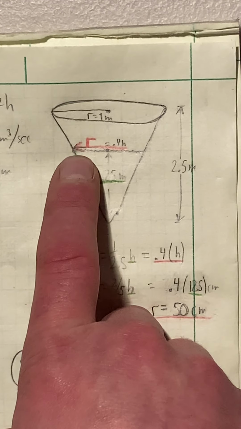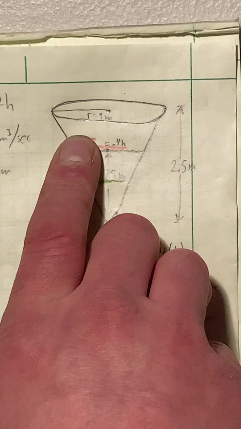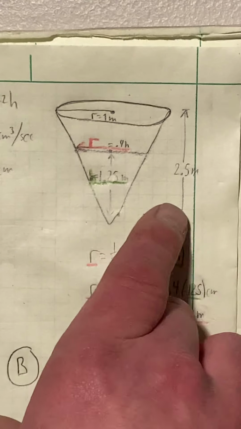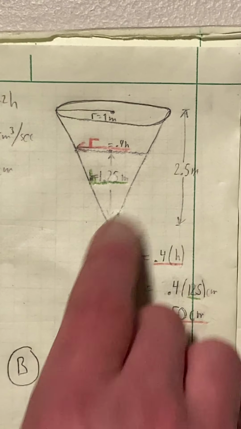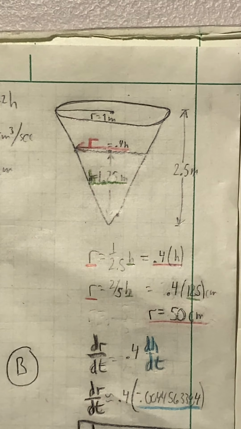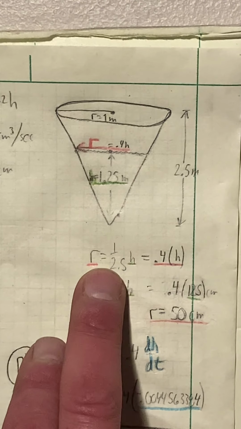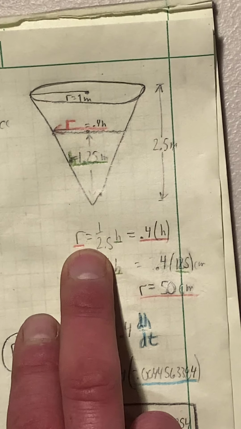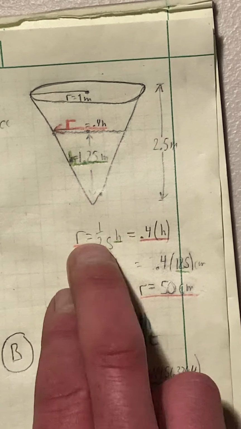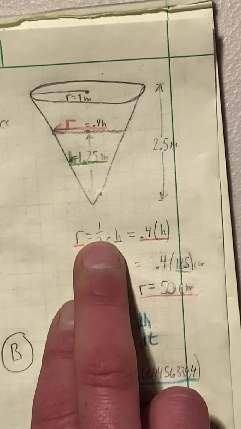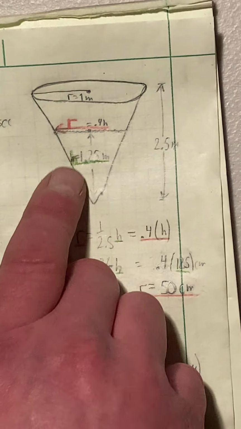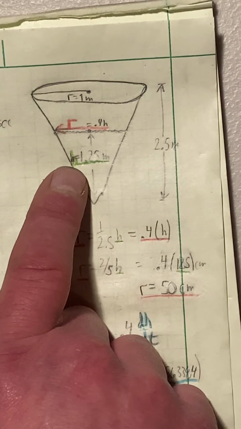And for our radius, we take the ratio of the radius of the cone at its base to its height, and multiply that times the height. So the ratio is 1 over 2.5, which is 0.4, and we multiply that times our depth, 1.25 meters.